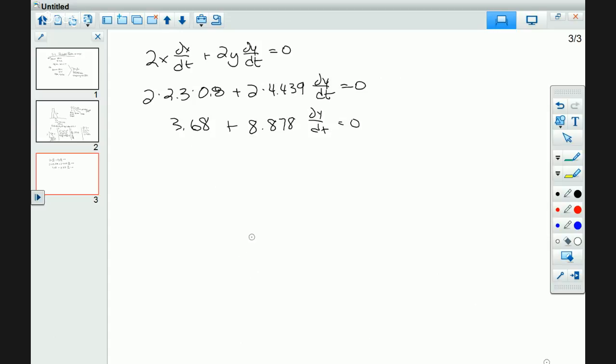So we subtract that over, and we get 8.414. That's far enough. Include units. Distance. That's the rate.